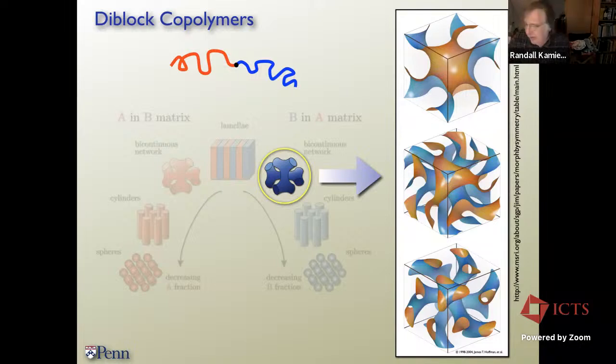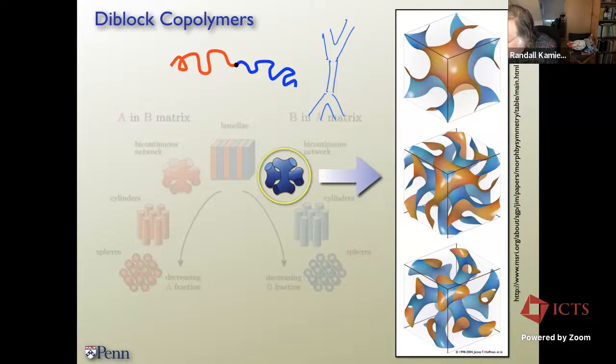So this is the gyroid. It's hard to get your head around it. But what you have is this network of blue tubes, like I showed you before. The blue tubes branch. There's a twist between the two branches, so you can see that here.